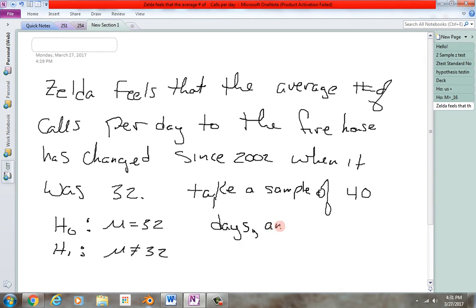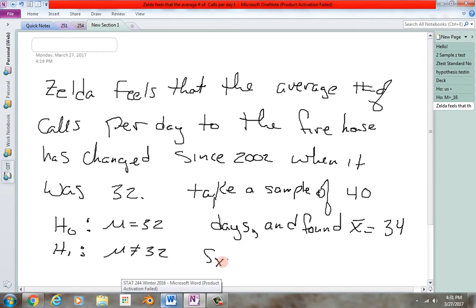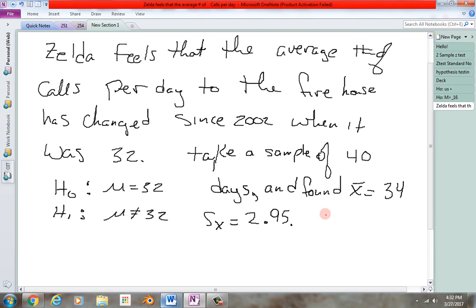And found the sample average to be, I don't know, 34, with a standard deviation of the sample of 2.95. Okay, now they need to ask us something.